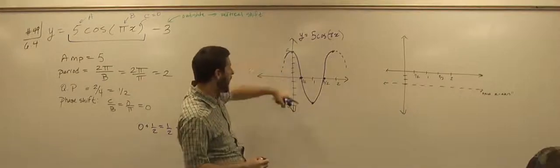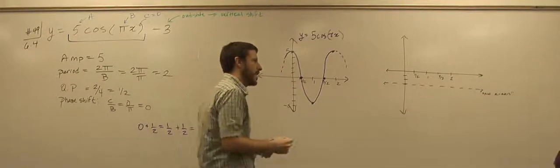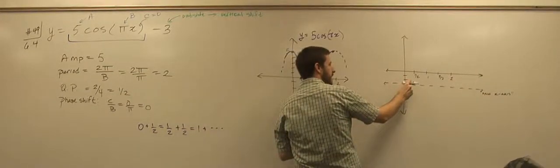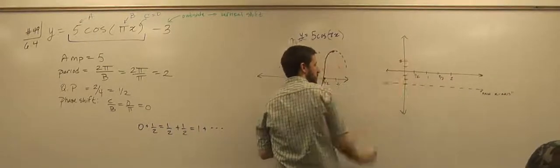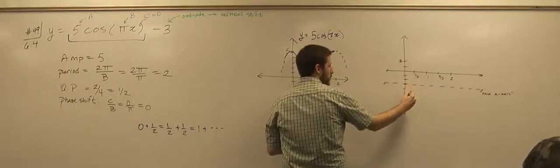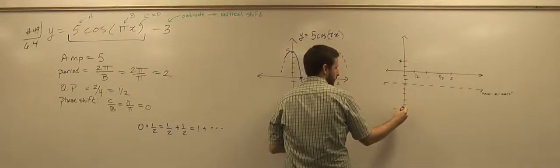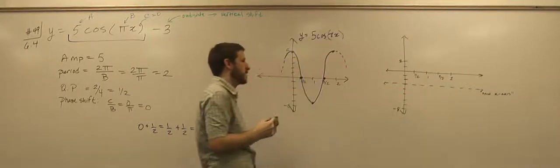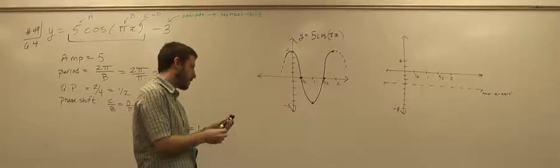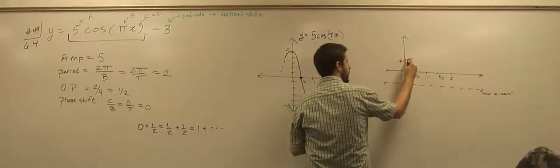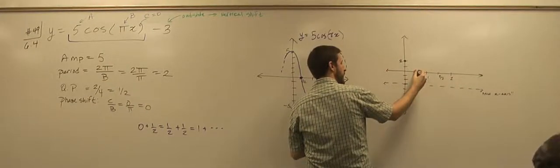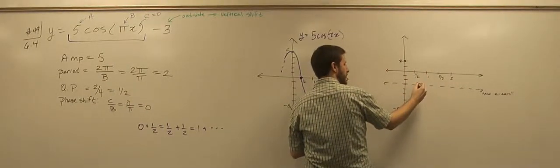And then you're going to have to go 5 up and 5 down from your new x-axis. So starting from here, count 5 up, 1, 2, 3, 4, 5, brings me to 2. And count 5 down, 1, 2, 3, 4, 5, which brings me to negative 8. And then follow the same pattern. Cosine starts at a max. When it goes down to a 0, you're not going to hit the x-axis, you're going to hit the new x-axis.